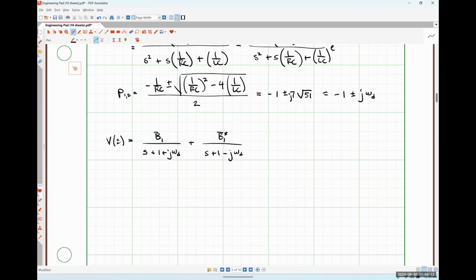So we probably need to figure out what that B1 is, and then we're effectively done, because once we know B1, we can go to our table.